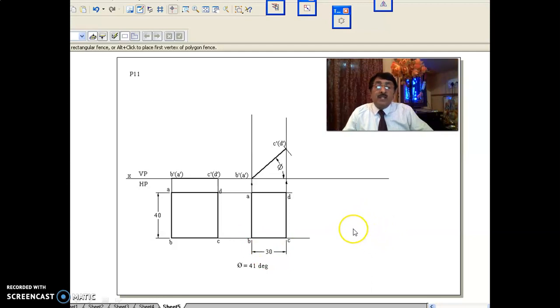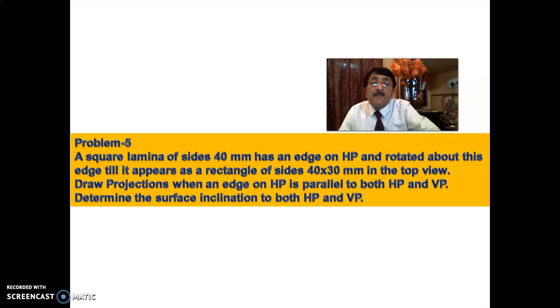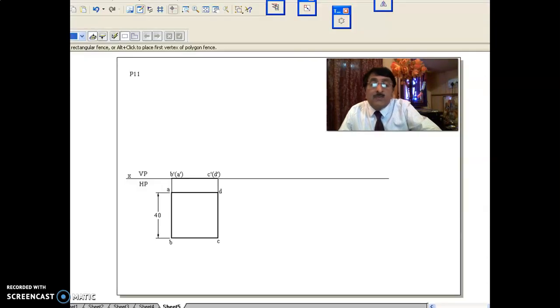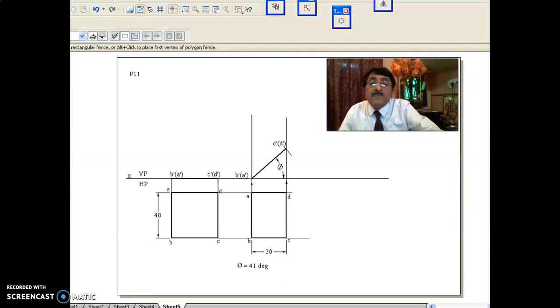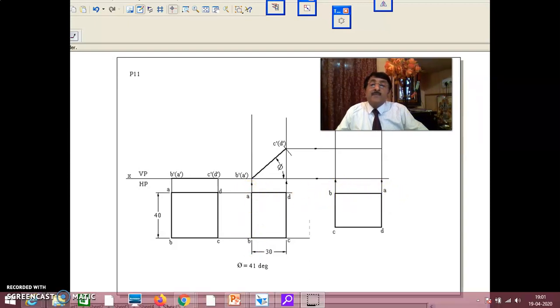Next, they say: draw projections when the edge on HP is parallel to both HP and VP. The edge on HP is AB. That is why you take AB and make it parallel to the XY line.